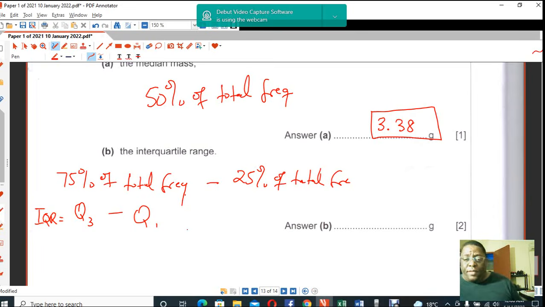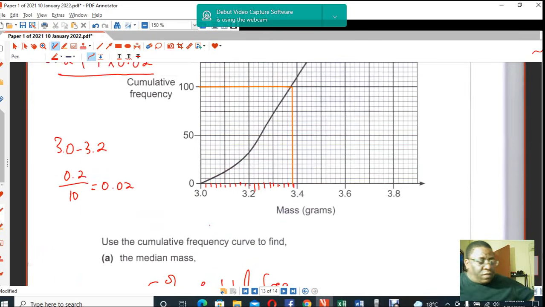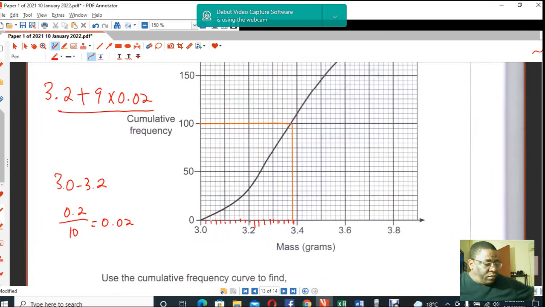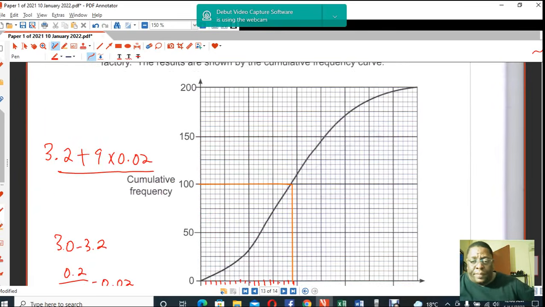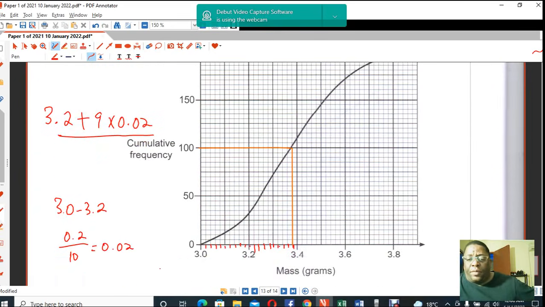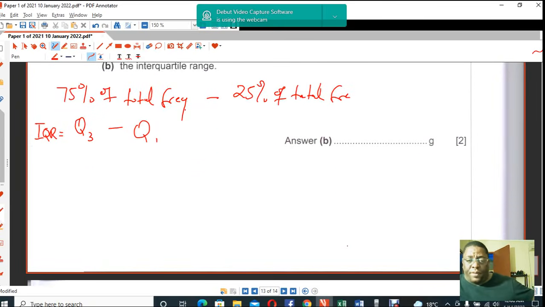So let's go ahead and find what is 75% of our values. Now 75% of 200. Okay. When you grab your calculator and you want to know what is 75% of 200, just go down here, because I need to use the space that is there.